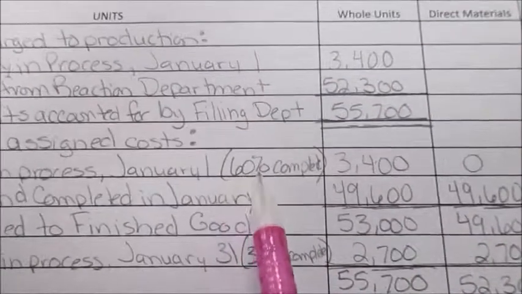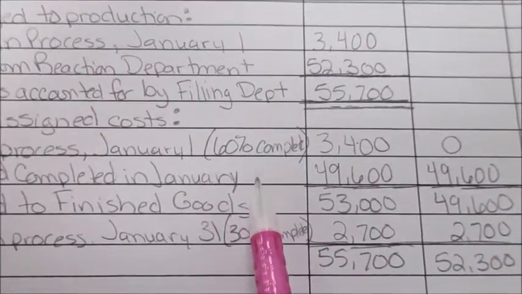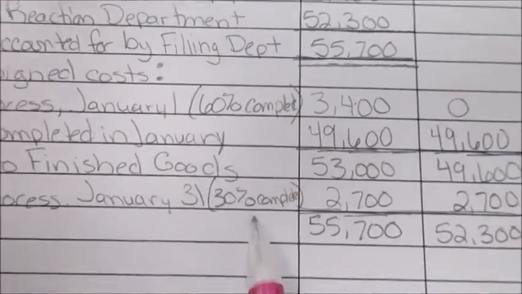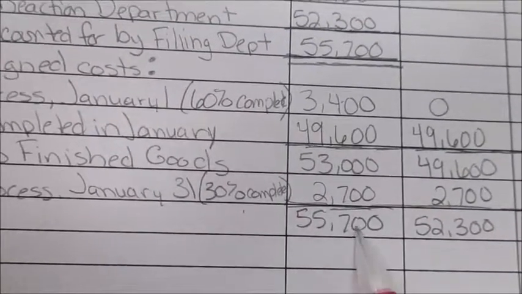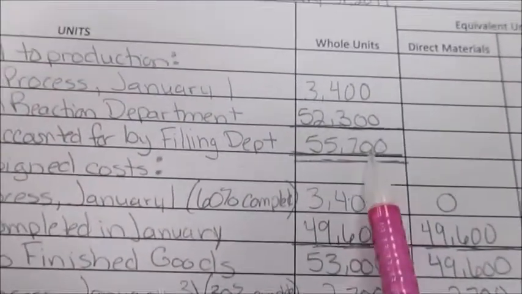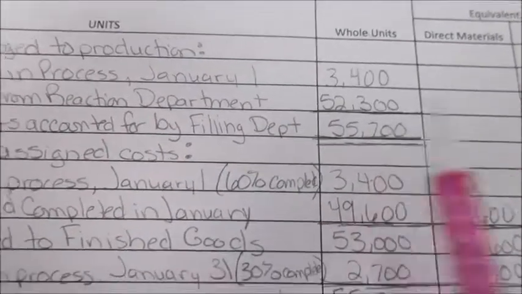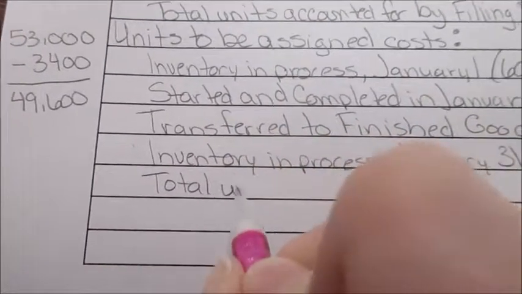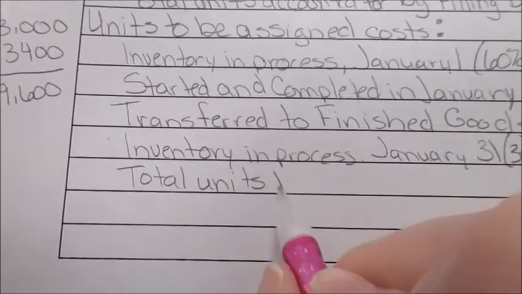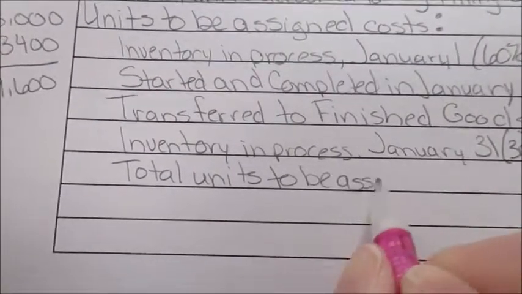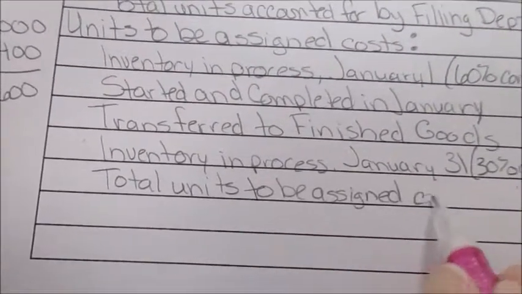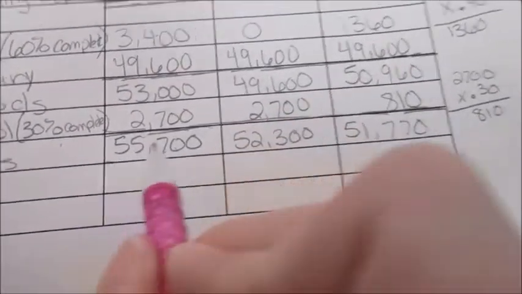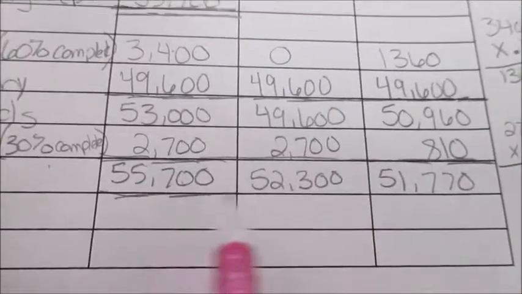So we took our inventory January 1st, what we were working on, plus what we started and completed, plus what's left in our inventory and process on January 31st. So whole numbers, we get 55,700, which should equal the same number that we have at the top, and it does. These numbers tell us our total units to be assigned costs. Okay, and we're going to go ahead and double underline them to show that we're finished with this section.